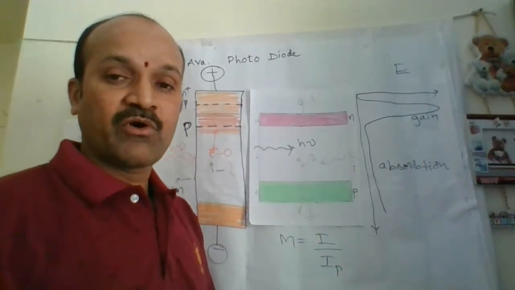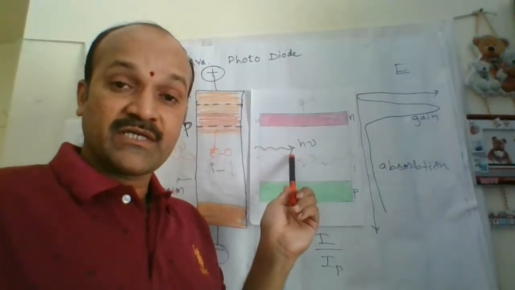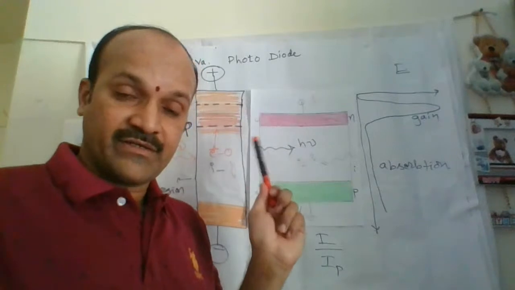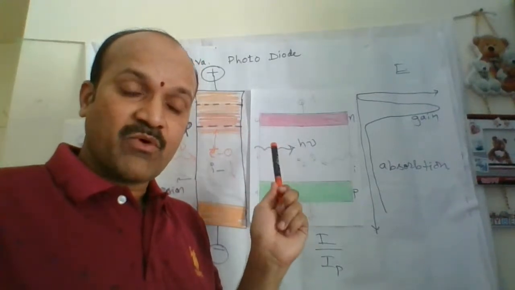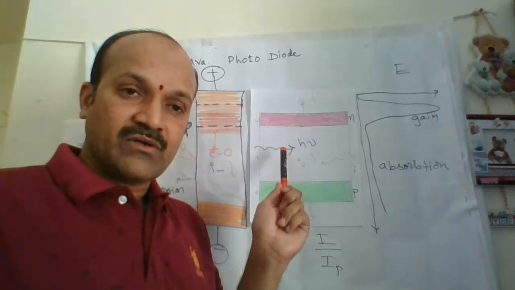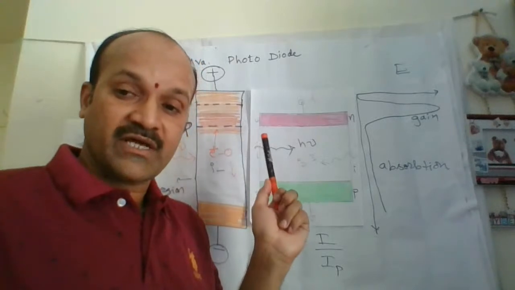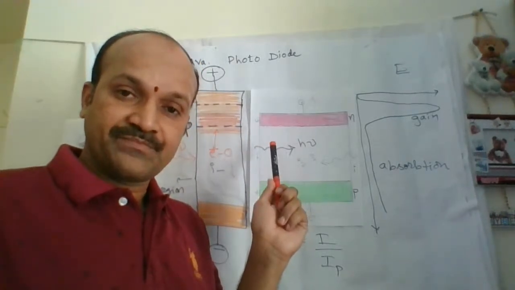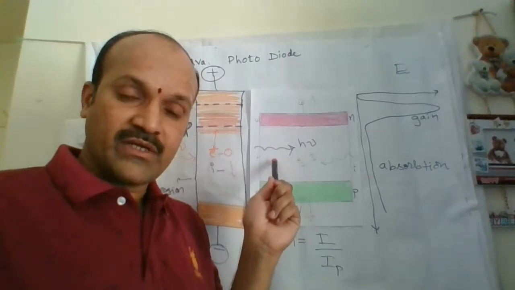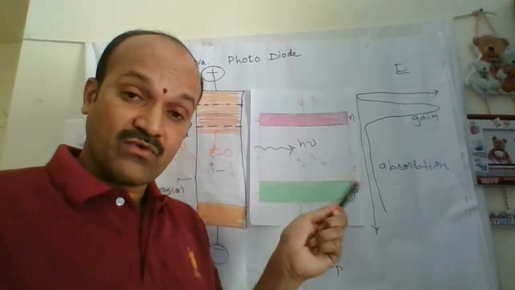One more important point: because the intrinsic or depletion region is wider, there is a possibility of flow of electrons due to minority charge carriers. Due to that, current flows in the circuit.